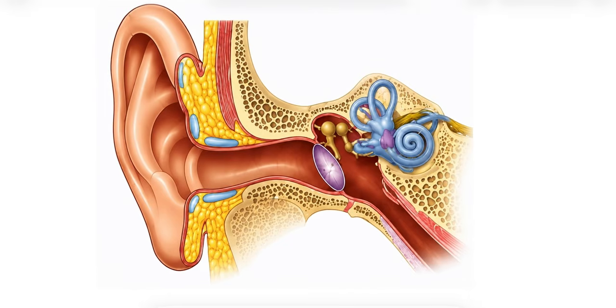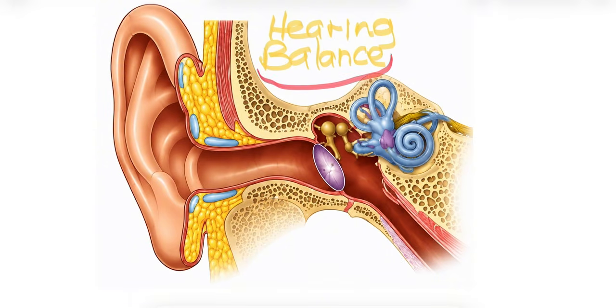The human ear is responsible for the hearing process and the maintenance of balance. So today, we are focusing on the maintenance of balance. The structures that are involved in the maintenance of balance are as follows.